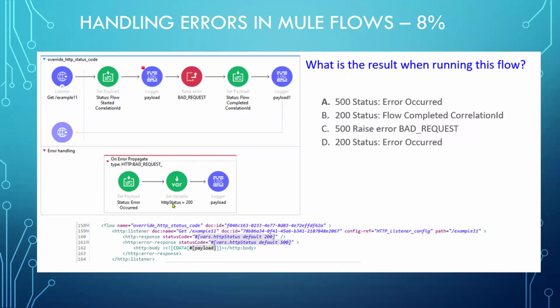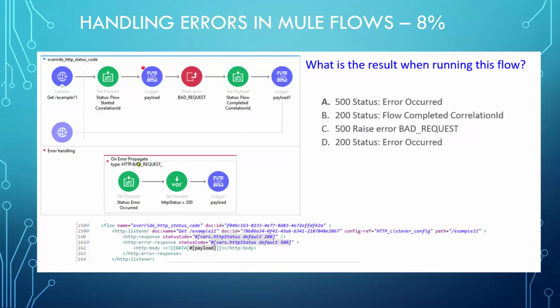It is so because you've overridden the HTTP status code here. So it is C, or I'm sorry, D is the correct answer. Even though this is an on-error propagate, because we override the status code, it returns 200. I honestly do not know when we would ever do this, but it is in the course material of the fundamentals, and there potentially could be questions surrounding that.